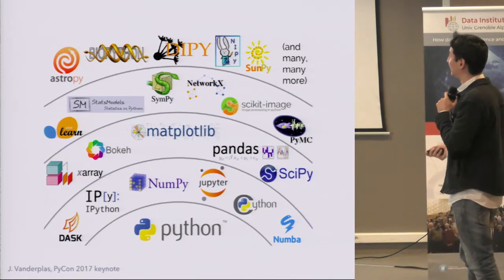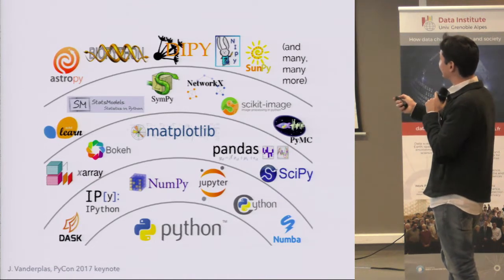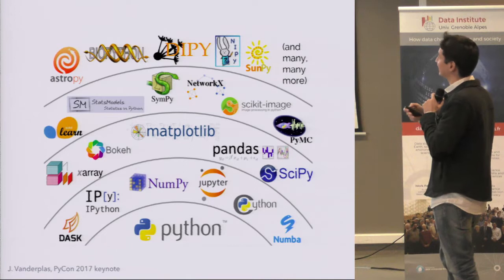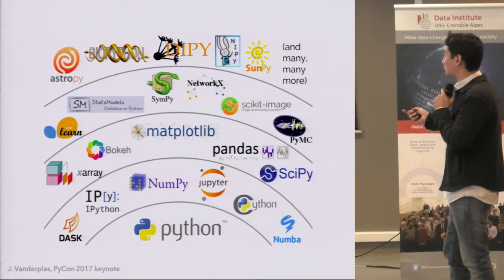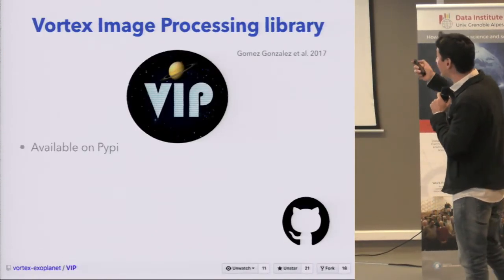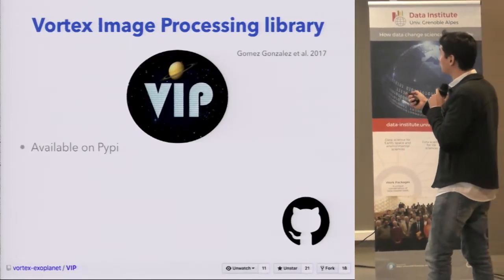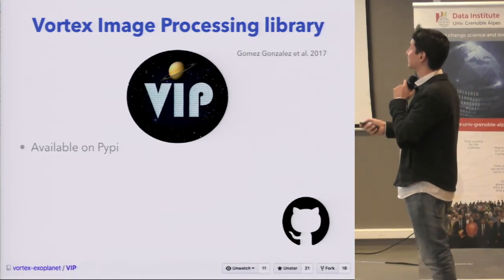My tool was Python, so I saw that it has a really vast open source scientific stack, and it also has a very gentle learning curve. So I went this road, and I created my own package for doing high contrast imaging, for doing image processing for the detection of exoplanets.